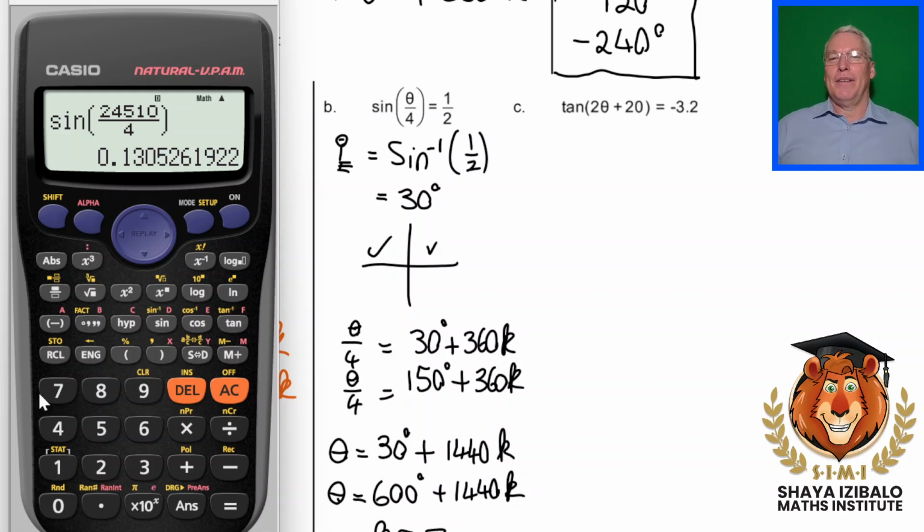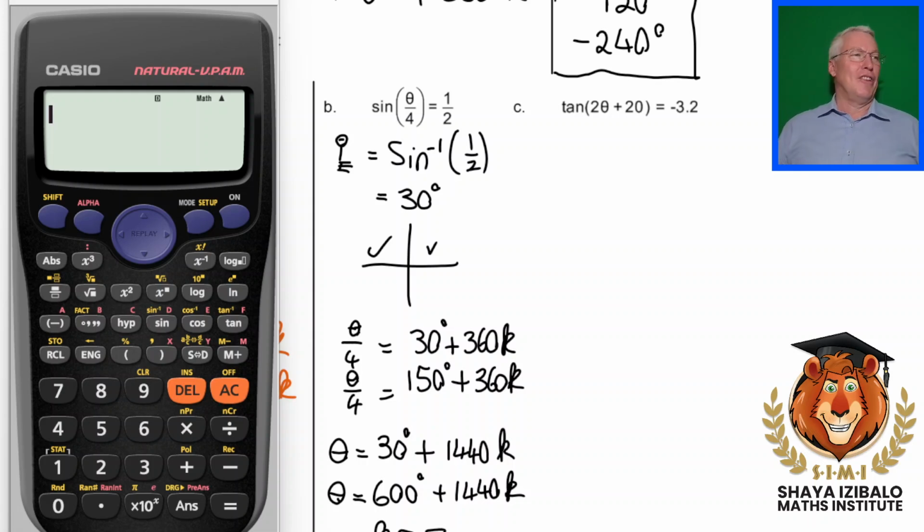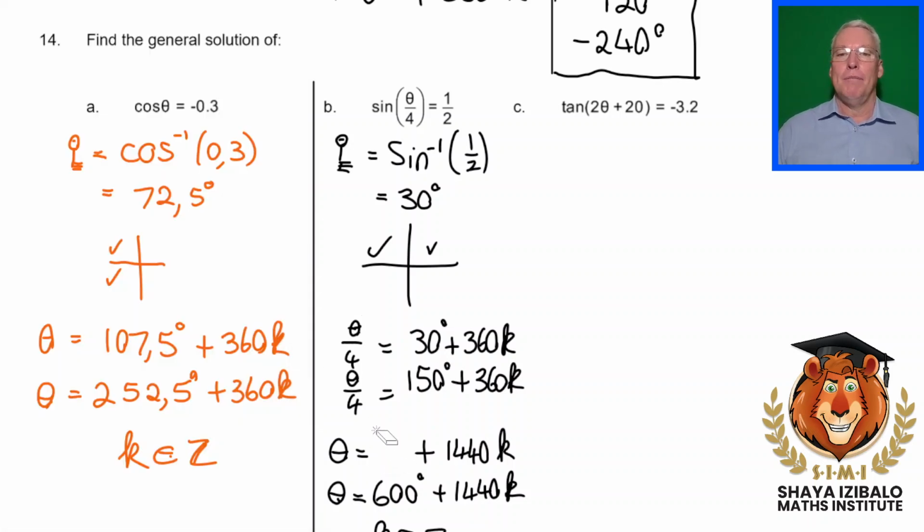Okay, right, something has gone awry here. It is just as well we did check, because we've picked up an error. The error I made is that I forgot to multiply the 30 by 4. My apologies. So this should have been 120 plus 1440k.